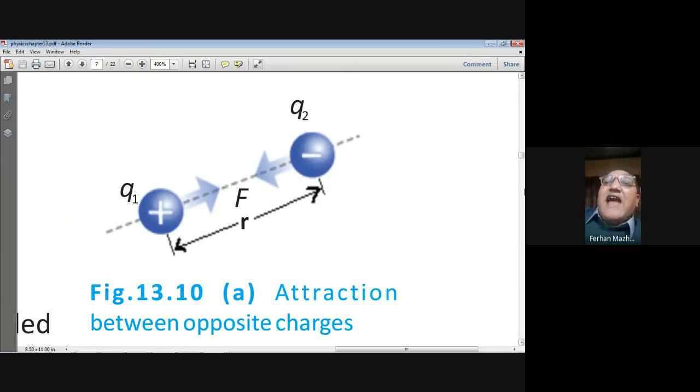It means F is directly proportional to Q1 multiplied by Q2. And the second statement is that the electrostatic force is inversely proportional to the square of the distance between their centers.